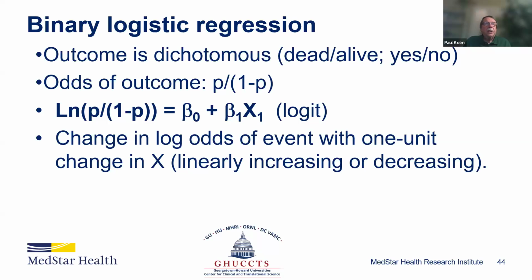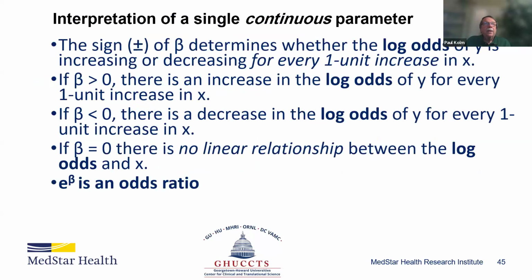But in logistic regression, we're looking at the change in log odds. And so the sign of the beta determines whether the log odds is increasing or decreasing. If it's greater than 0, then we have an increase in the log odds. If it's negative, then there's a decrease in the log odds.